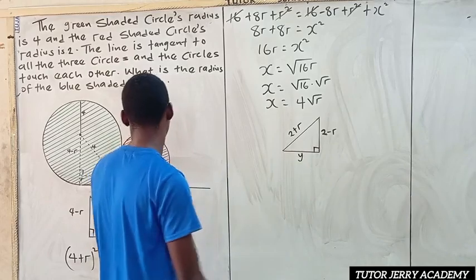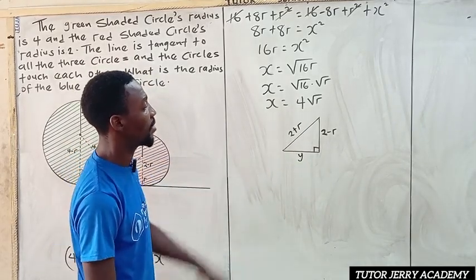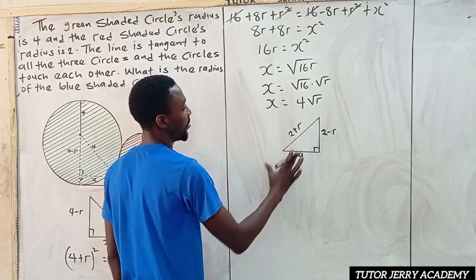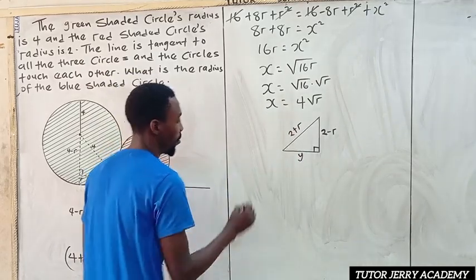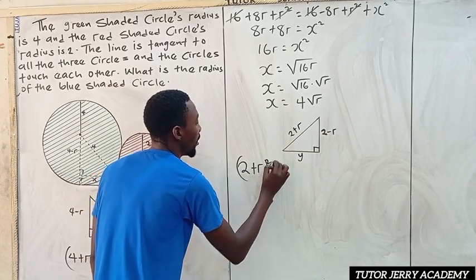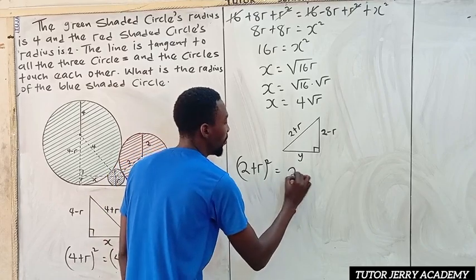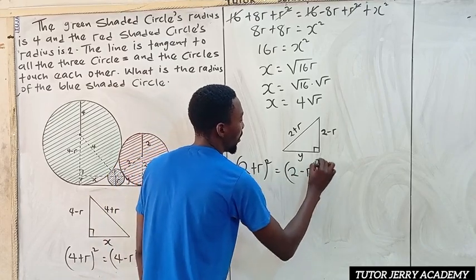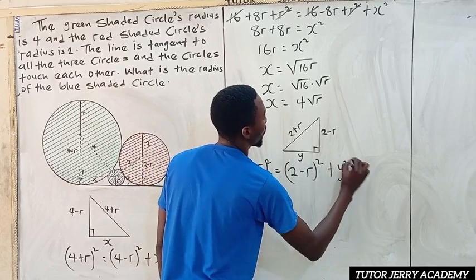All right, so now this place too is going to be a right angle. So now if we apply Pythagoras theorem again, since the hypotenuse squared is the sum of the squares of the two other sides, we are going to have 2 plus r all squared equals 2 minus r all squared plus y squared.